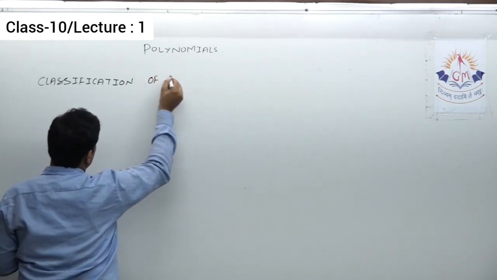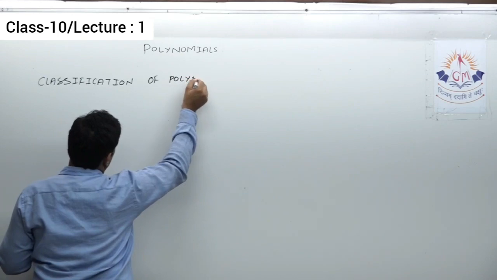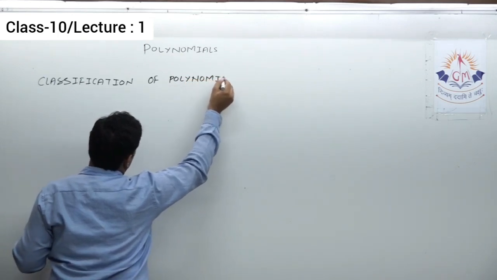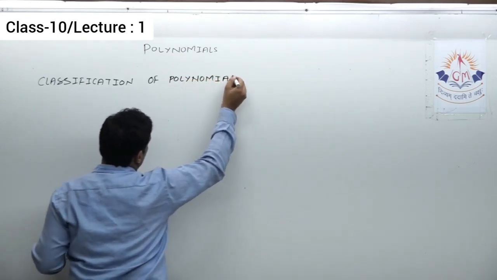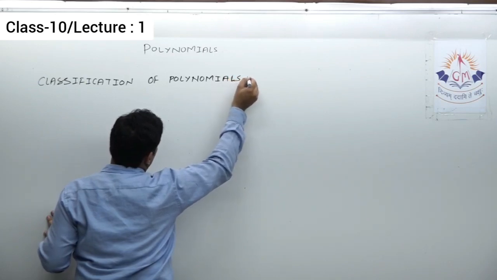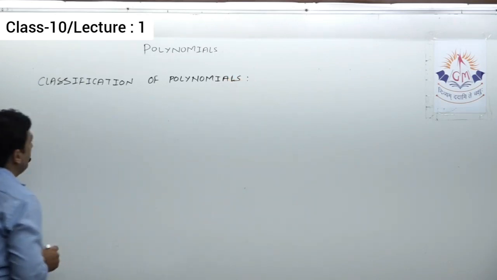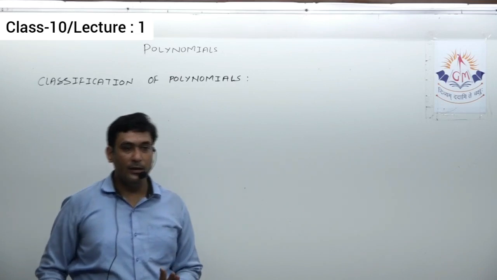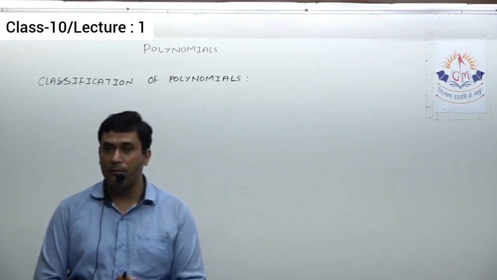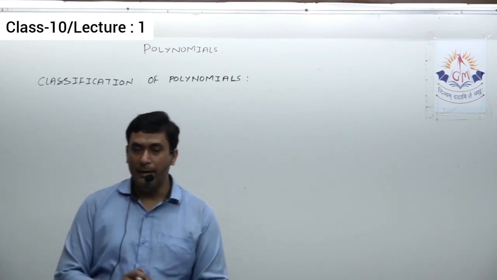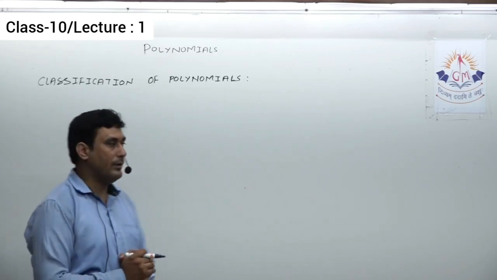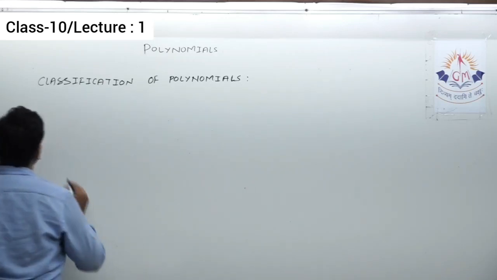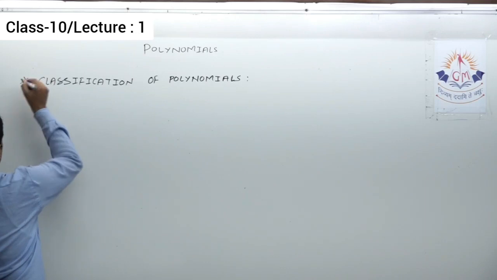Now polynomials can be classified in two categories. First on the basis of degree, and next on the basis of number of terms.